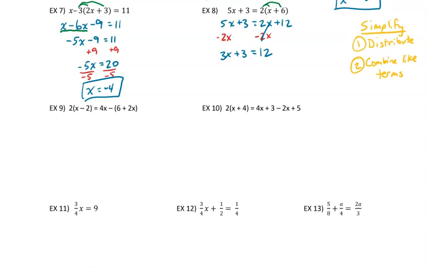Move the constant, so minus 3 on both sides. We got 3x equals 9. And divide by 3. So we got x equals 3 as our answer.